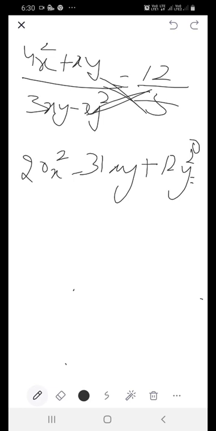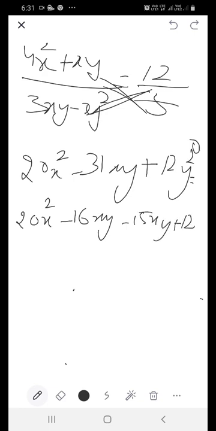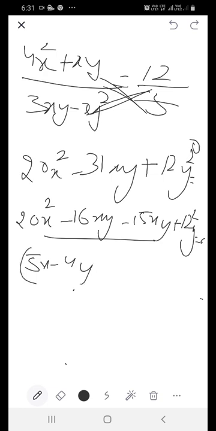You can split 31, and you will get 20x square minus 16xy minus 15xy plus 12y square is equal to 0. This is what you are going to do for splitting. After taking the common factors, you are going to get at the end two factors: 5x minus 4y and 4x minus 3y is equal to 0.